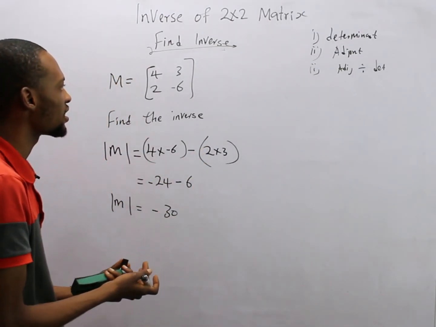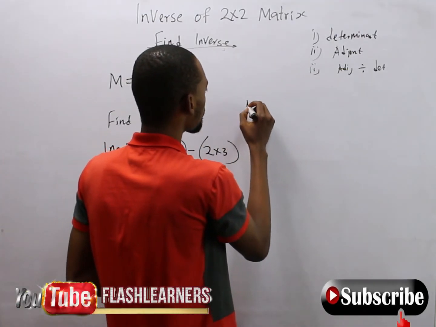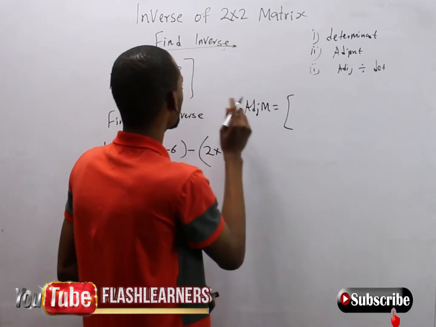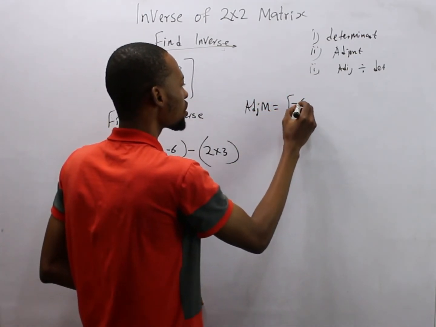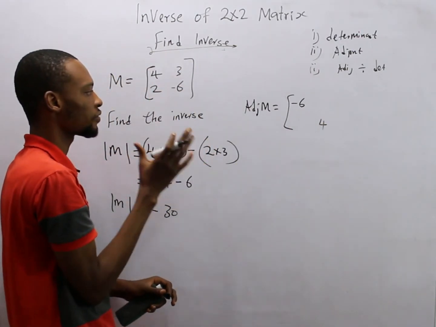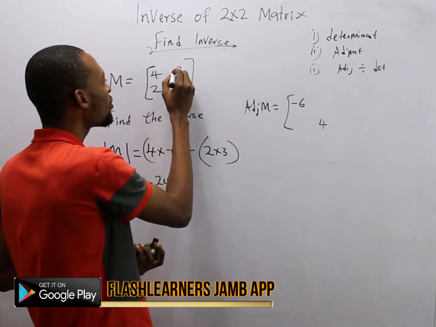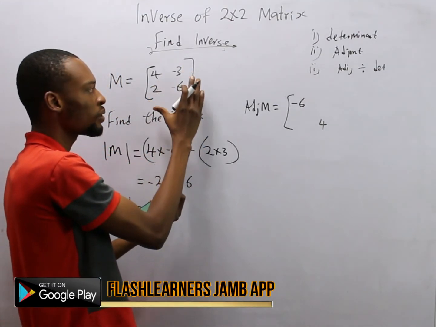Having gotten the determinant, next, let's look for the adjoint. The adjoint of M is simply bring this guy up and bring this guy down. So minus 6 comes up, 4 comes down. Then make here and here negative. Take note, if here we have minus 3, multiplying by minus will make it plus.